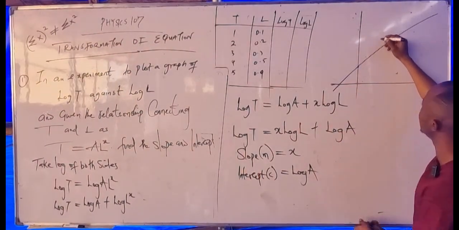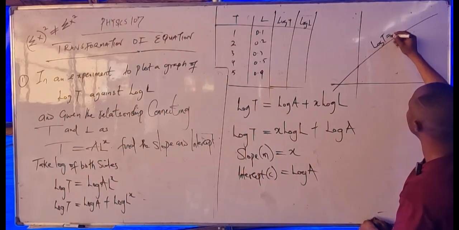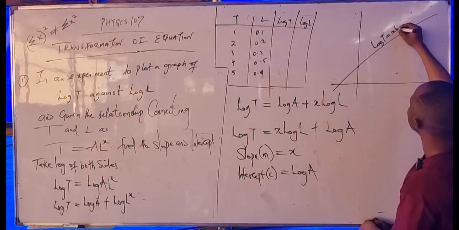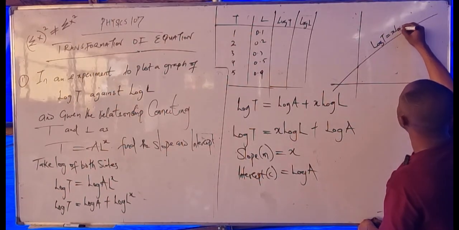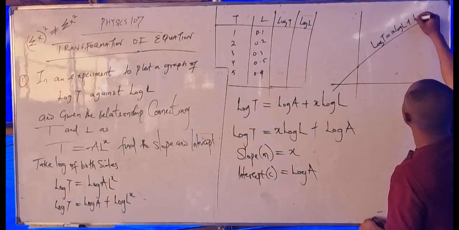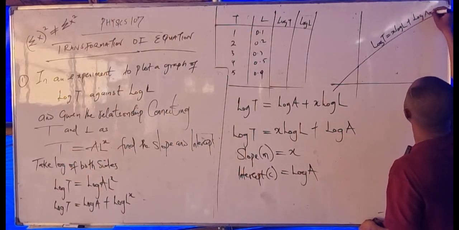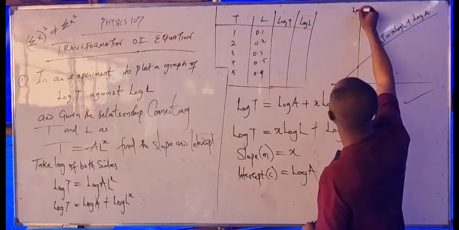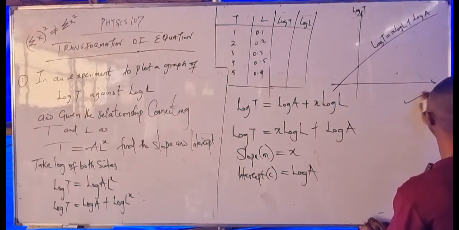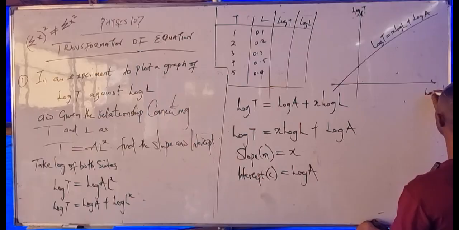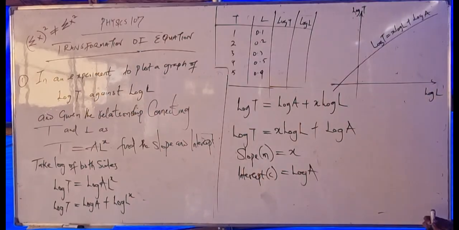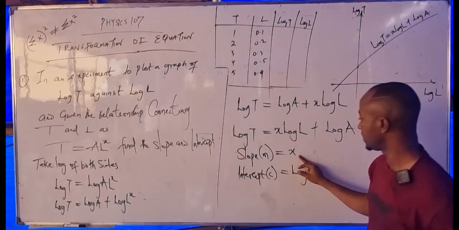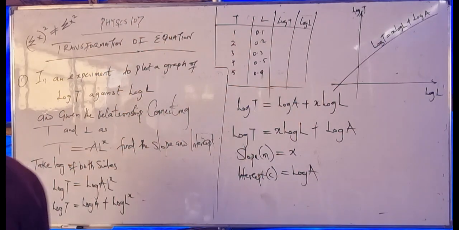So we have log t equals x log l plus log a. So a graph of log t against log l, our slope here is the value of x. Put this up. Let me ask this question.